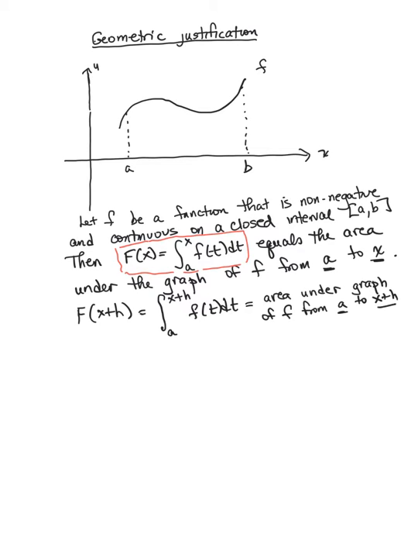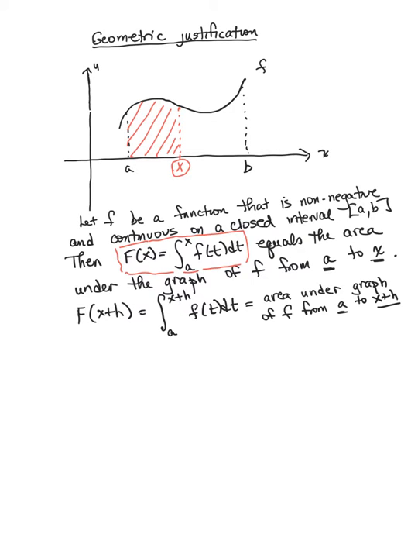So let's look at the picture above. Let's say this is the graph of f, and we pick this variable x, and this variable is movable as long as it's within ab. So capital F of x would represent this area, the area under the graph of little f from a to x. That's the red.